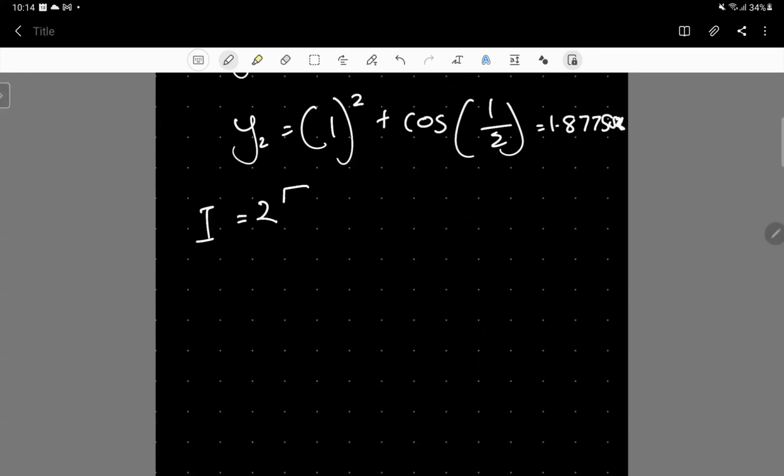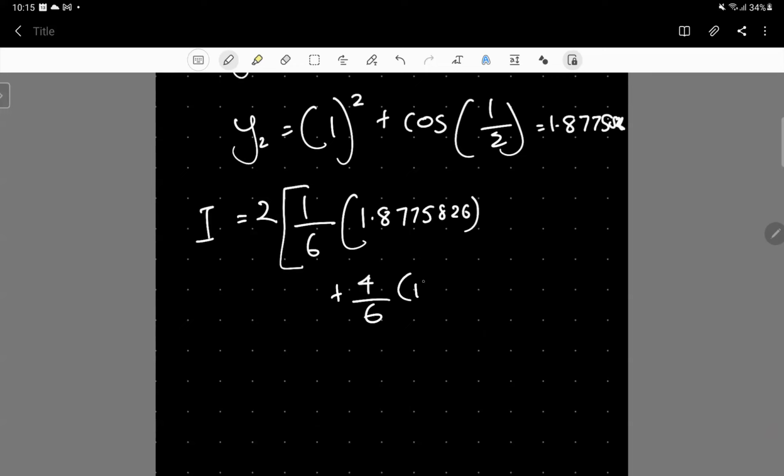It is equal to 2, the length of where the integration is performed, times 1/6 times 1.8775826 (the y0 value) plus 4 over 6 times 1 plus 1 over 6 times 1.8775826, which is equal to 2.585.